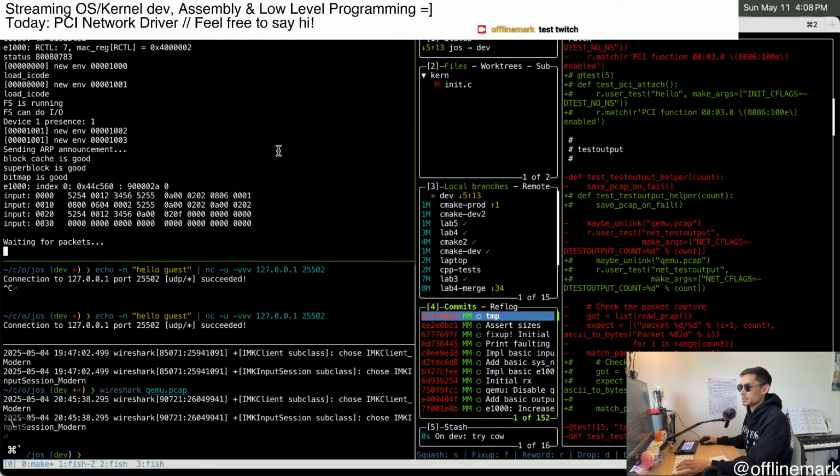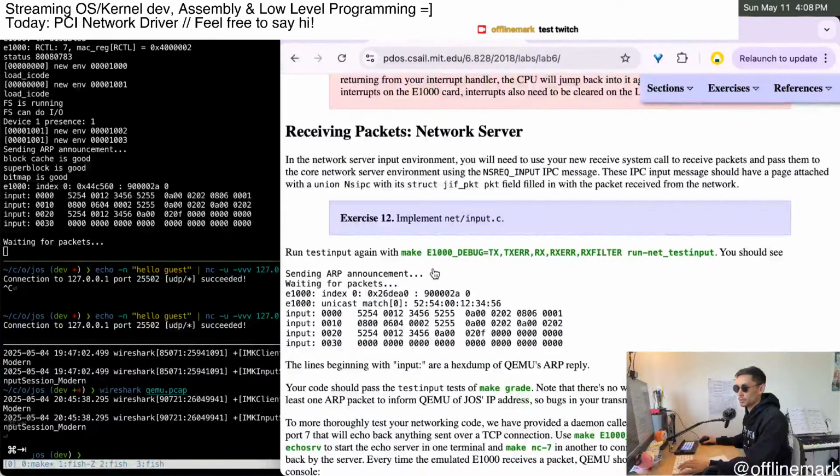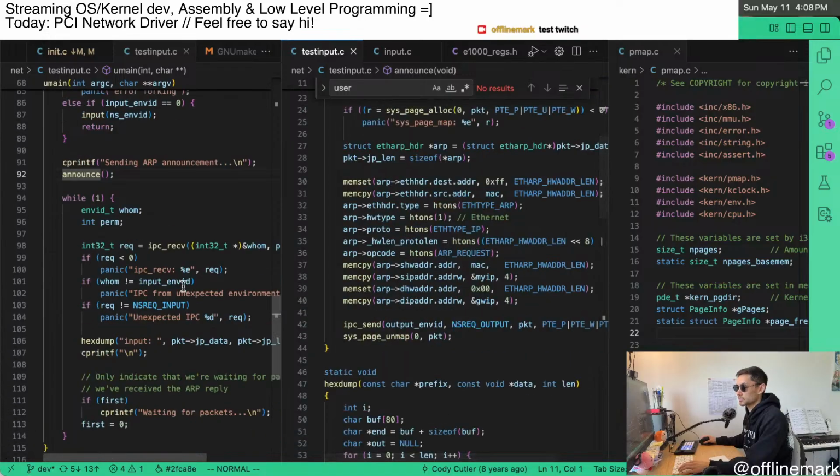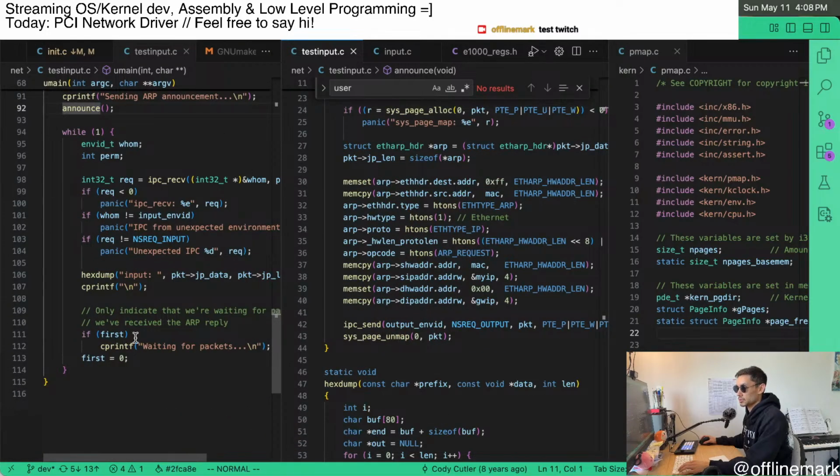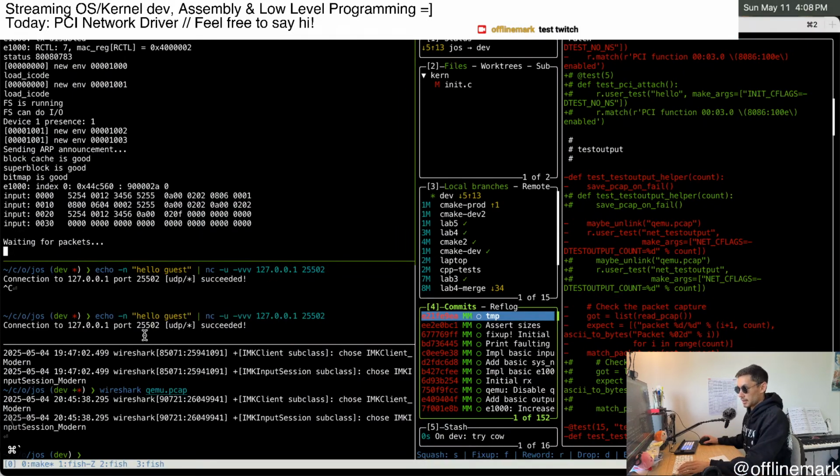And that's what we are seeing right here. So the OS is listening for data coming back in over the network, receives it, and then it just hex dumps it out. And now it sits there in a loop waiting for more data. And that's what we see here in this loop. It's just waiting for data from the network. And if it receives it, it hex dumps it.